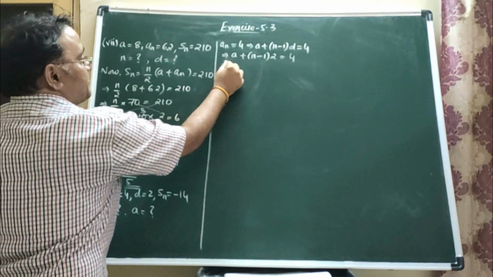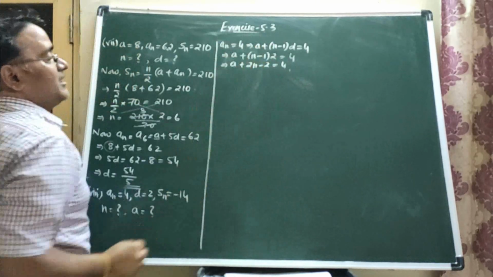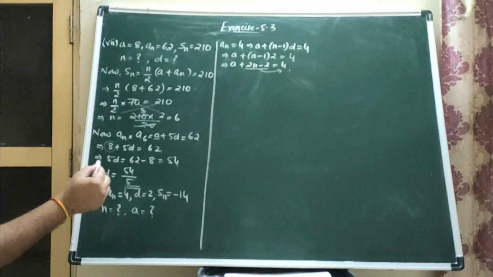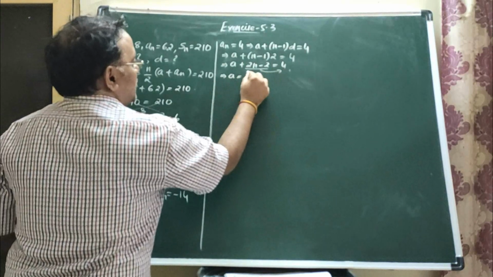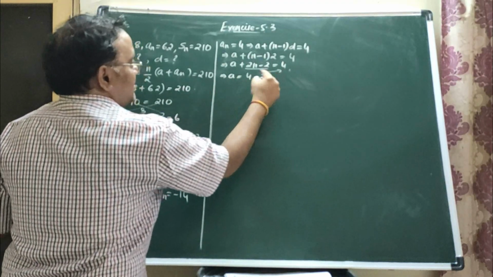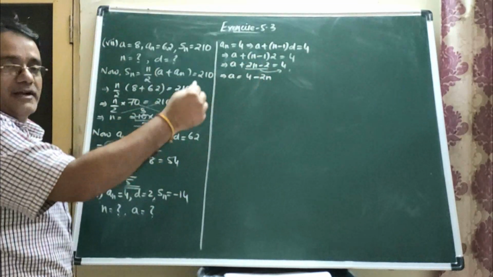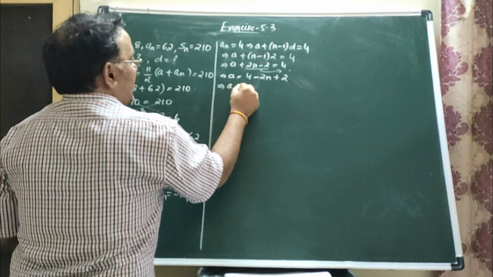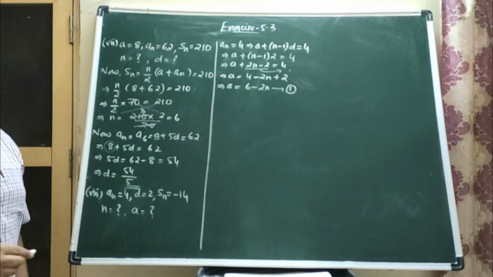Now open the bracket and shift this to this side. Okay. So what we will get? a is equals to 4 minus 2n. ये 2n यहाँ पे प्लस है, उधर जाएगा तो माइनस हो जाएगा, and this minus 2 will become plus 2. So we'll get a is equals to 6 minus 2n. Let it be equation number 1.